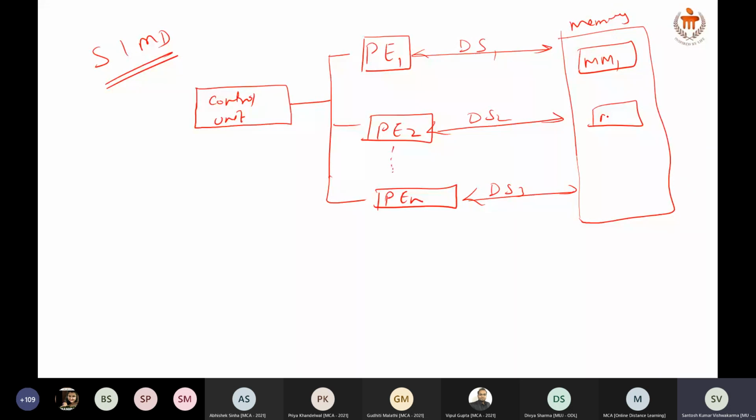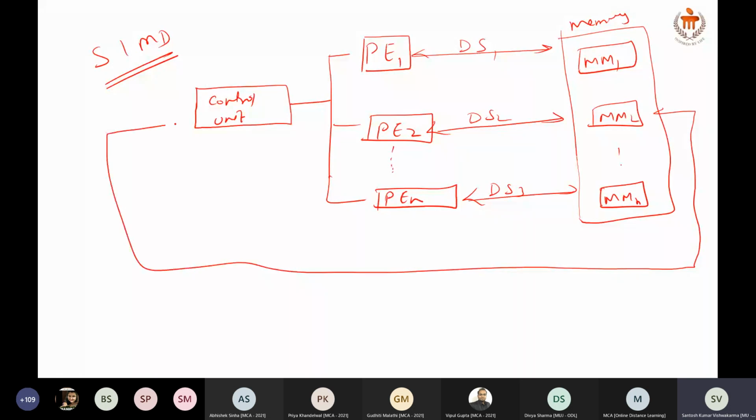We can have MM2 and so on, up to MMN, and whatever results we are going to have may again be given as feedback to the control unit. That can be treated as one structure for single instruction multiple data stream, where we take the control unit as the major part of how things are going to be assembled and merged.